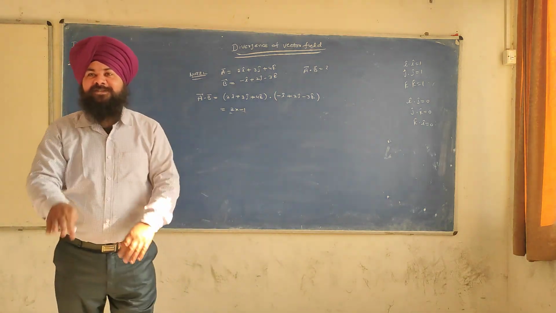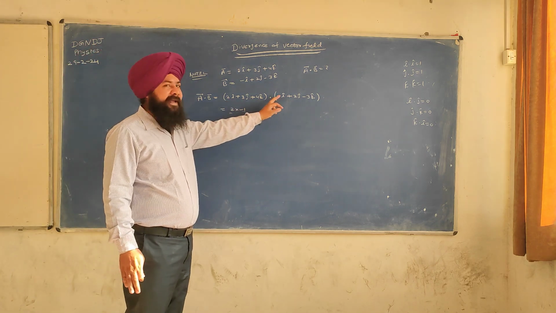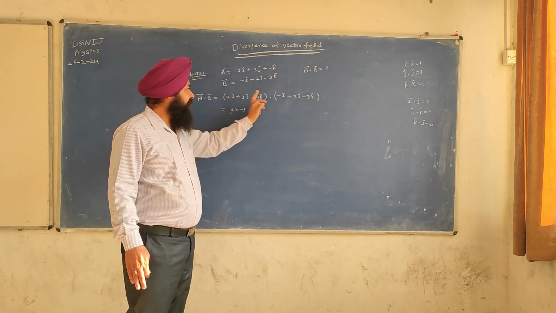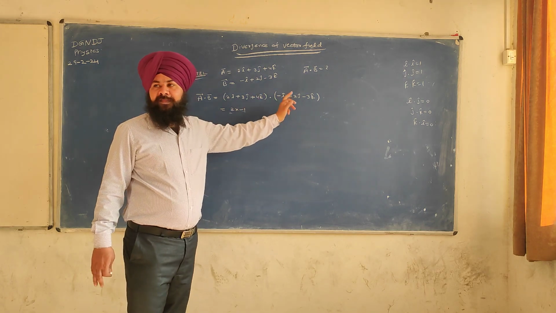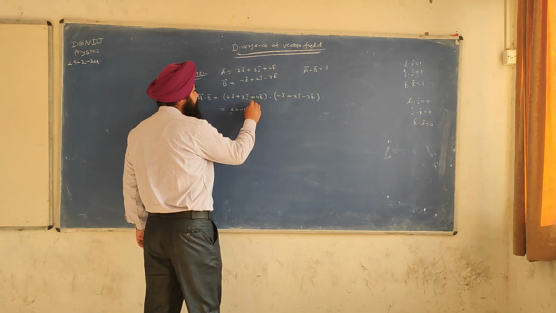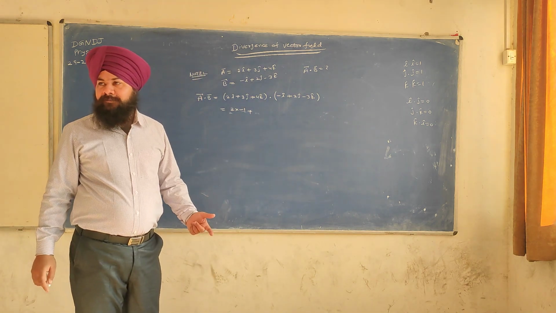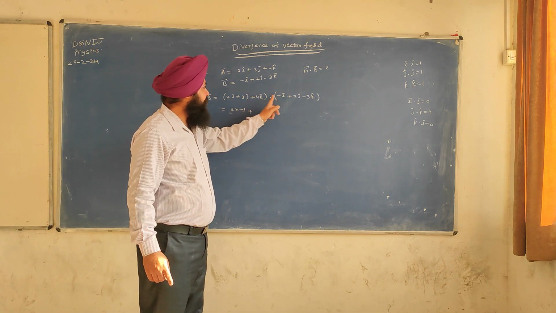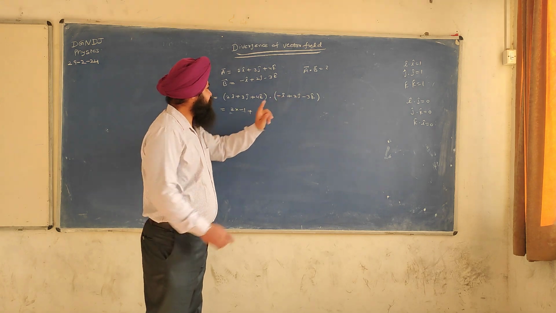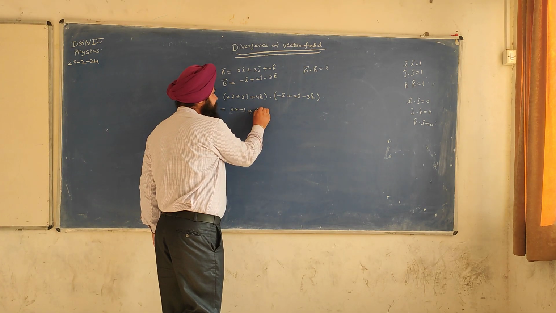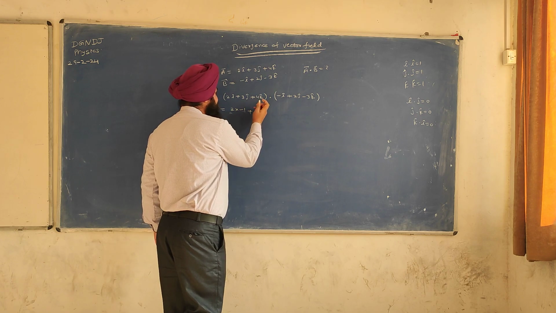Why is the energy level so low? It's morning time. i dot i is 1, i dot j is 0, i dot k is 0. Again plus 3 into j into i is 0. Similarly, next 3 into 2 is 6 and j into j is 1.